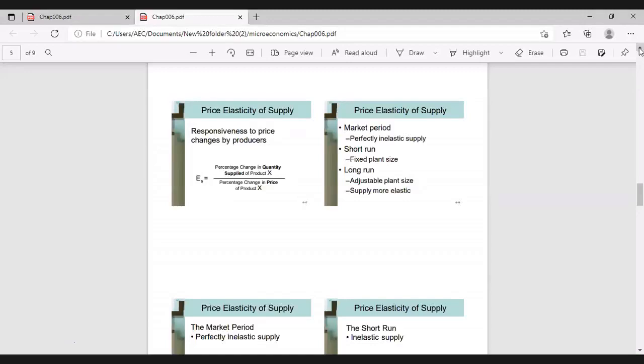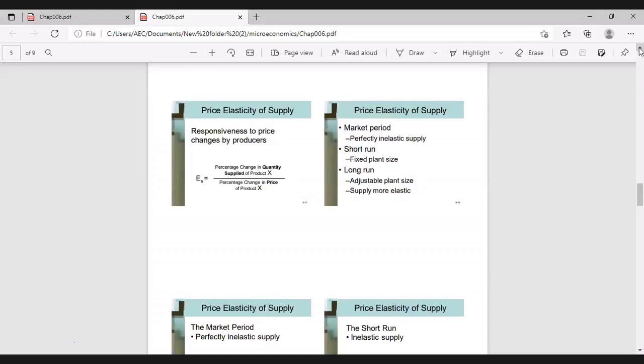Even if the price increases, there is no increase in the supply. The producer cannot supply immediately after a price change in the market period. They need time to supply.